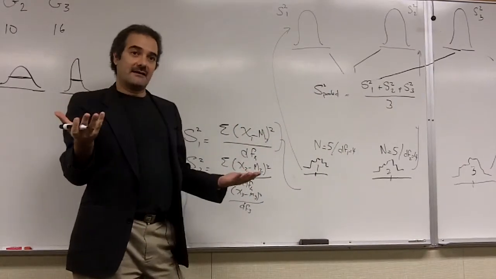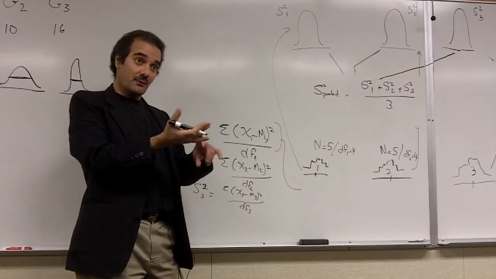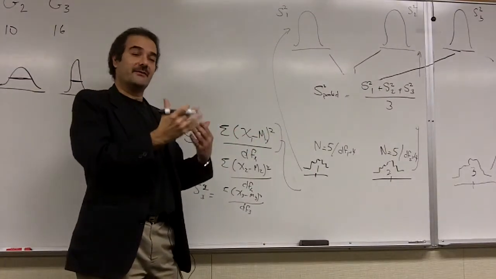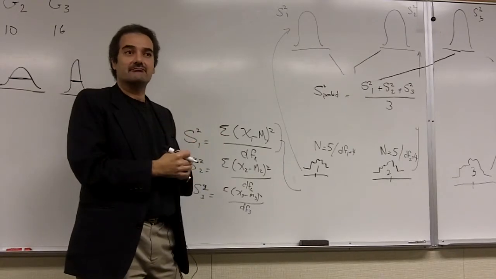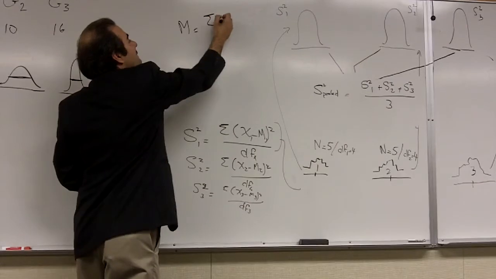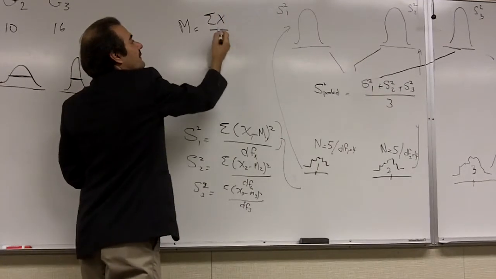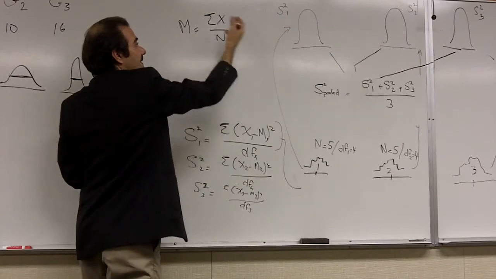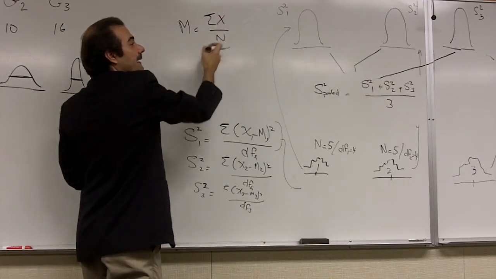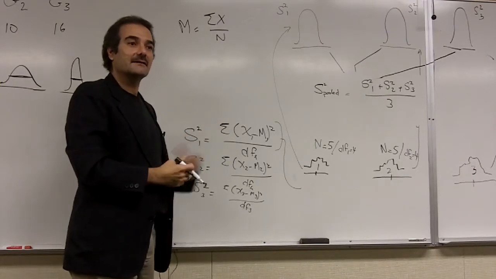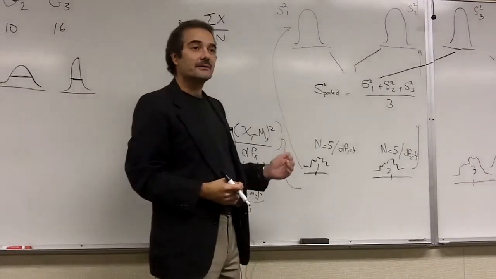Whenever you average anything, you take the value of number 1 and number 2 and number 3, and you divide it by the number of items you have. Remember, average, mean equals sum x over n. So you sum s1 plus s2 plus s3, that's your sum of x, divided by the number of scores, and that's 3 scores, so that's n, that's 3.